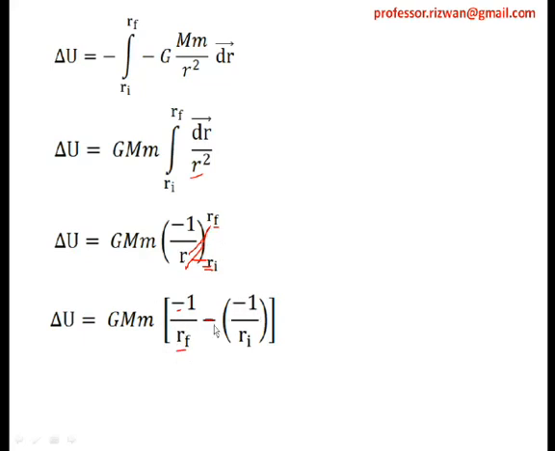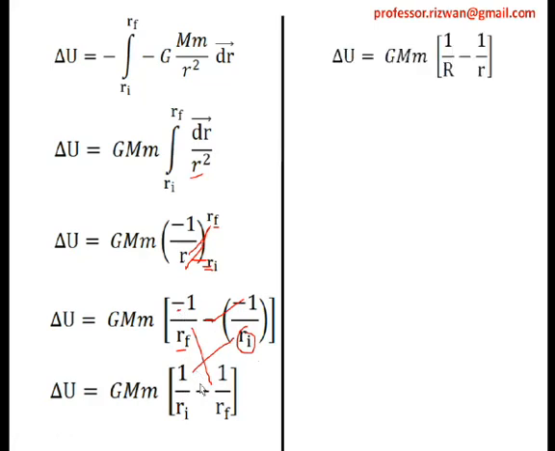So if you simplify this, delta U is equal to GMm. This minus and this minus will become plus. So I'll take this Ri first: 1 upon Ri minus 1 upon Rf.